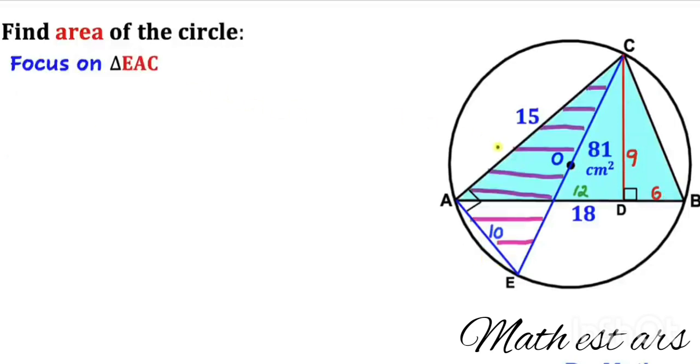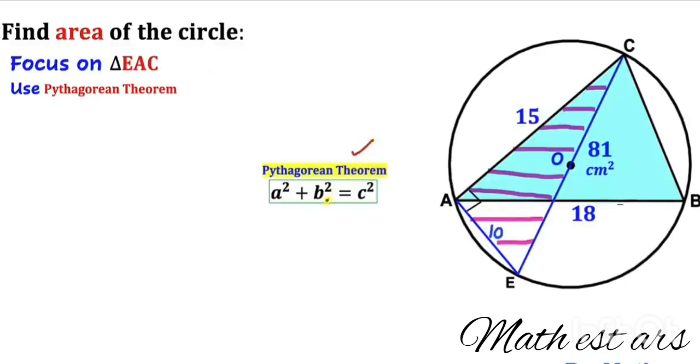And here's our next step. Let's focus on this right triangle EAC, whose side lengths are 15 and 10. And now we are going to use the Pythagorean theorem to calculate this side length EC. And here's our Pythagorean theorem: a square plus b square equals c square. Let me call our longest side c. I'm going to call this side a and this side lowercase b. So let's fill in the blanks in this Pythagorean formula. a in our case is 10, so it's going to become 10 square plus b is 15 square equals c square.